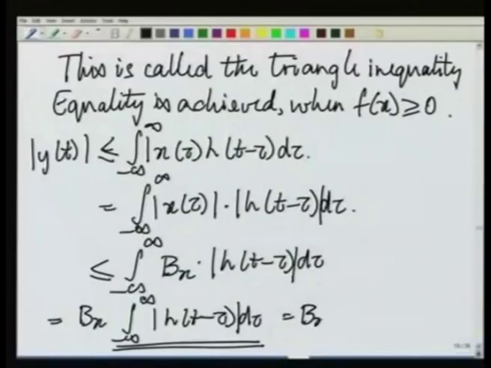In short, what we are looking at is the absolute area of h(t), Bx times the absolute area of h(t).